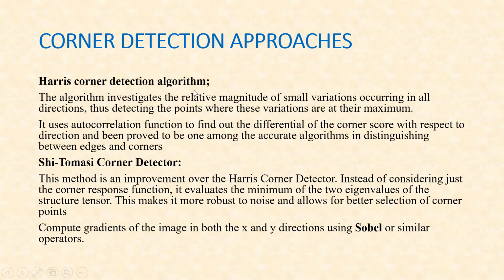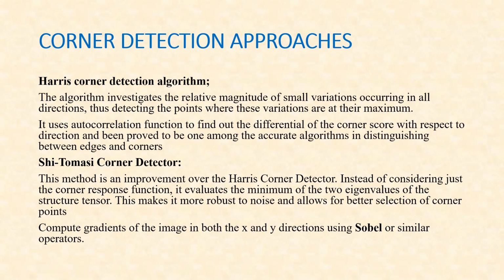It uses the autocorrelation function to compute the corner score with respect to direction. The problem with this Harris algorithm is that it is susceptible to noise. It can be distorted by noise.